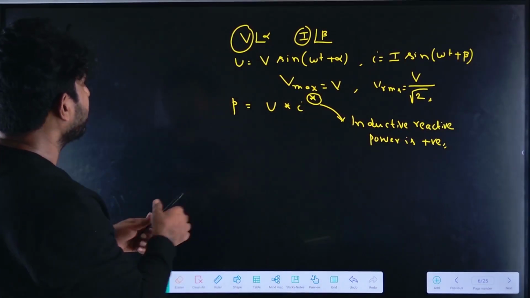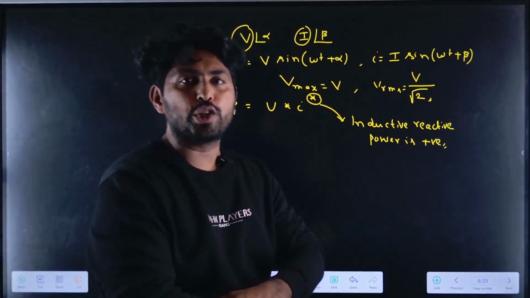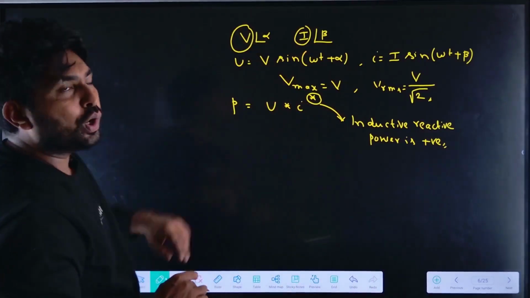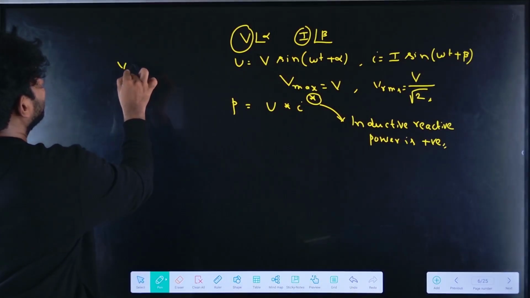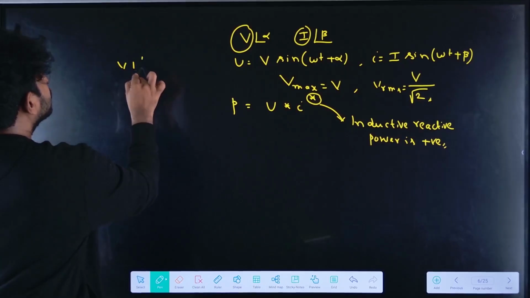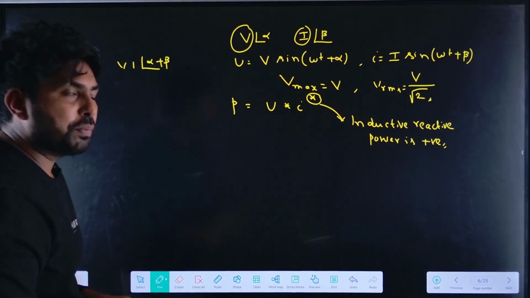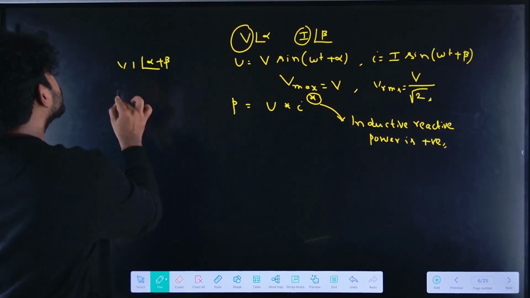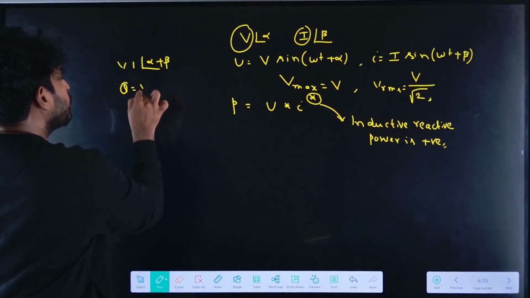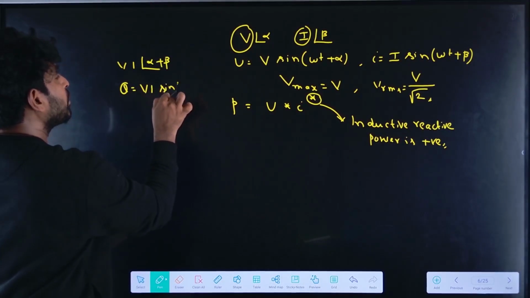So why? Let us see. For example, if I am not applying the conjugate, what will happen? V into I, so that is V into I at an angle of alpha plus beta. What is reactive power? Reactive power Q equal to VI sin of alpha plus beta.